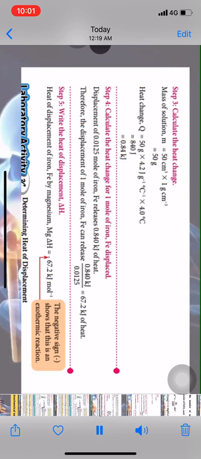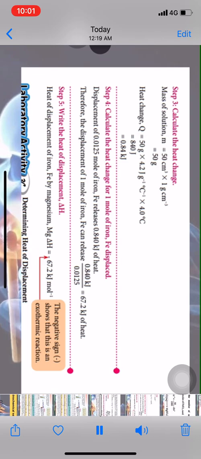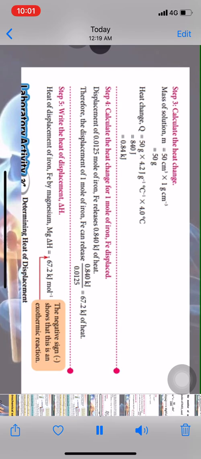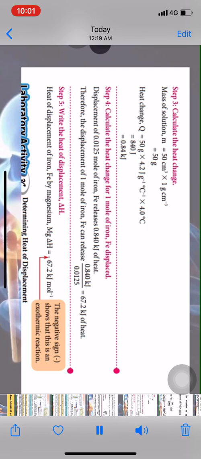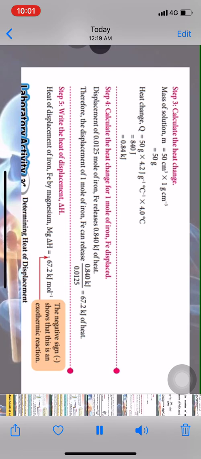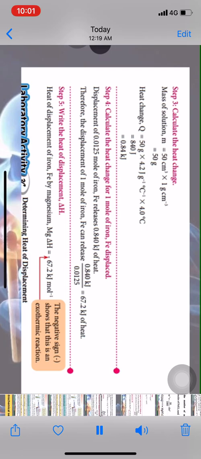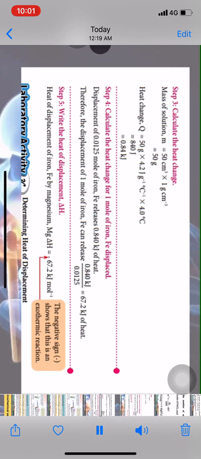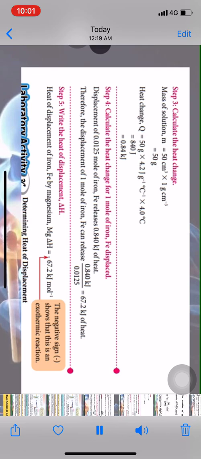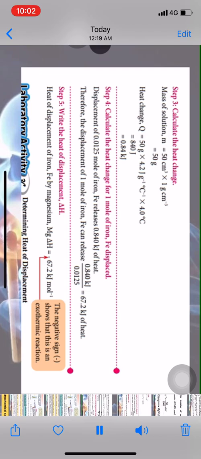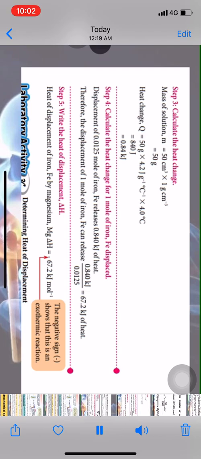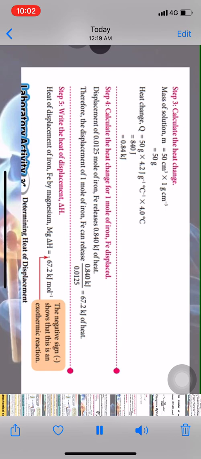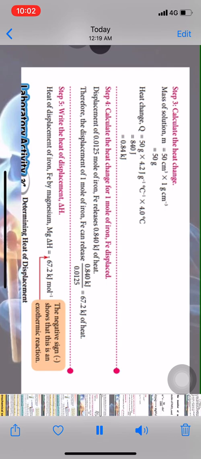So mass of the solution is 50 times 1 gram per centimeter cube. So the heat change will be 0.84. And then step 4, calculate the heat change for 1 mole of iron displaced. Like usual, you get the heat change first, and then you divide the heat change by the number of moles, and you will get the final answer.